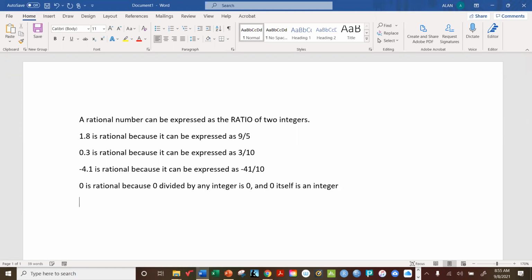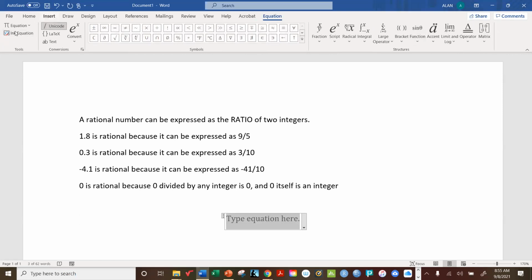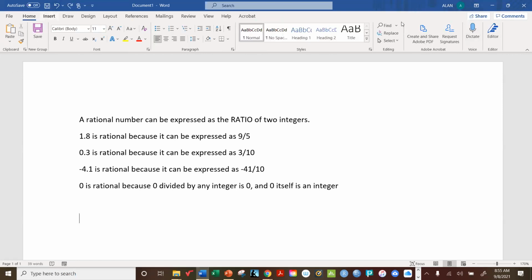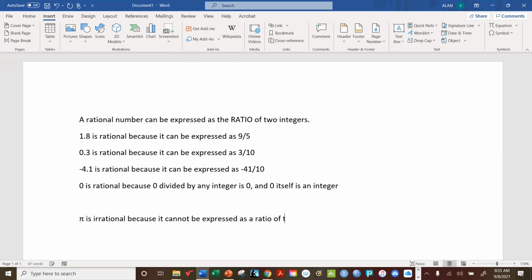So therefore 0 is rational. And now let me give an example of something that's not rational. Pi, our old friend from high school. Pi is irrational because it cannot be expressed, as you've probably been told in high school, as a ratio of two integers.